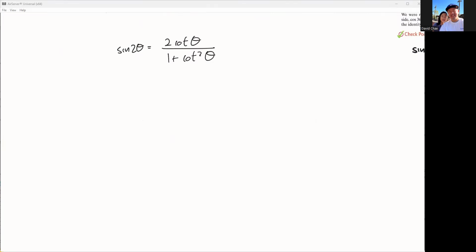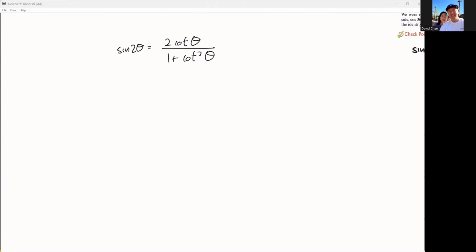Why don't you guys try this problem? Notice a few things. Sine 2 theta, that's a formula. 1 plus cotangent squared theta, that could be a Pythagorean identity, right? So try different things. Let's see how it goes.